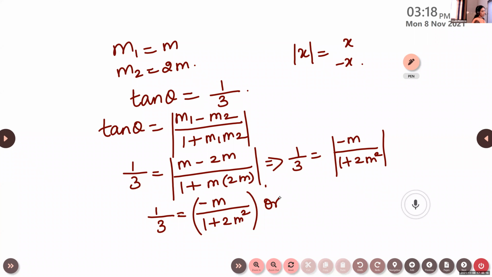Or the second case: 1 by 3 is equal to negative of minus m by 1 plus 2m square.